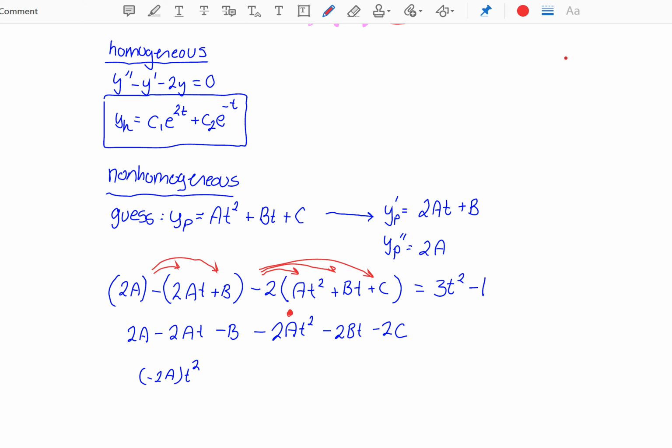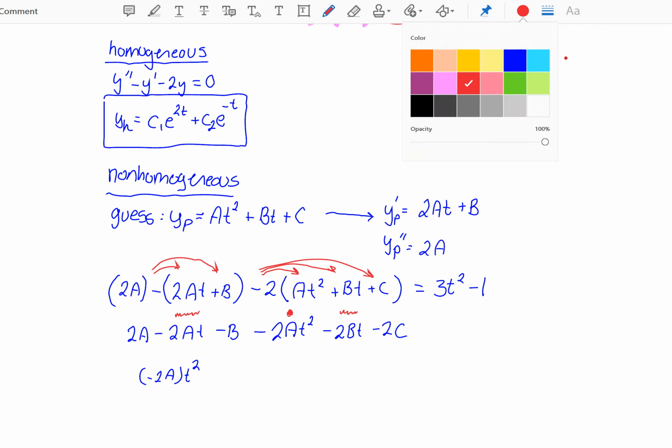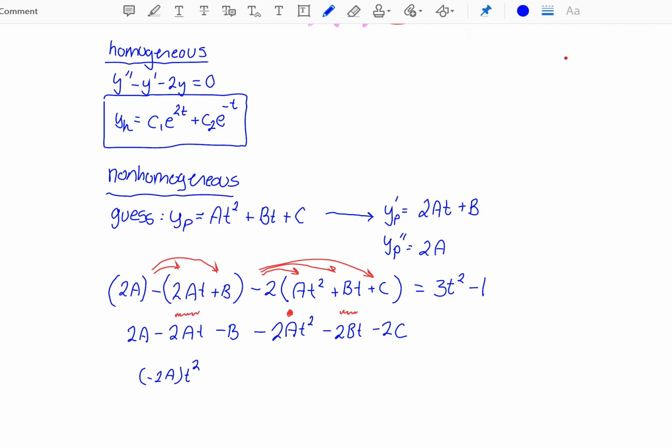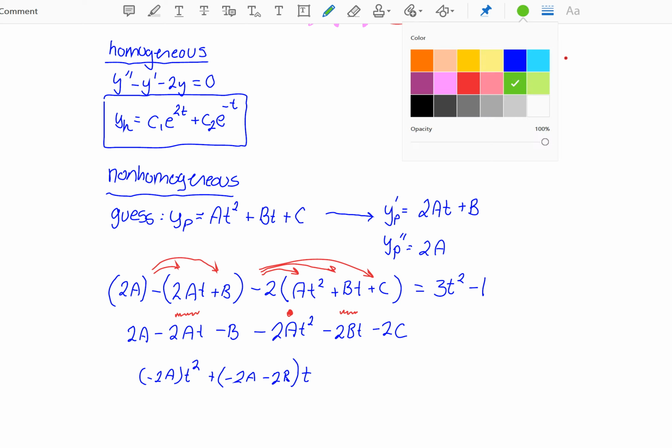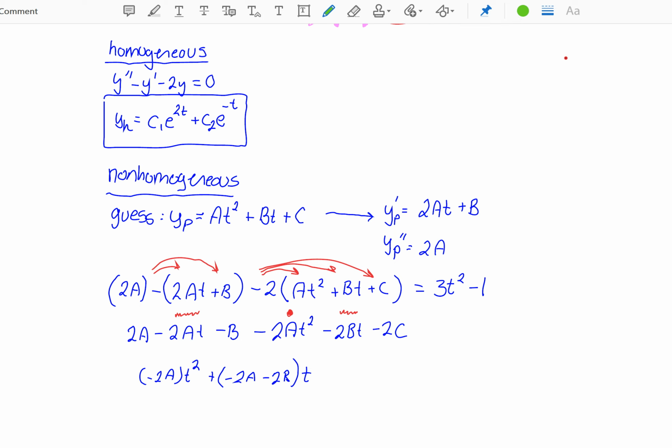Now let's grab the terms that have a factor of t in them, which I think is these two terms, and I'm going to factor out that common factor of t when I rewrite it down here. So I'm going to write it as plus negative 2a and minus 2b, and we'll factor out that common factor of t. And then let's get our constant terms. Looks like there's 3 of them here.